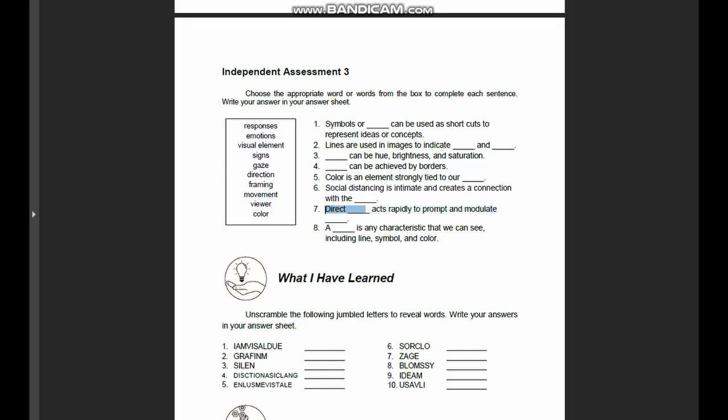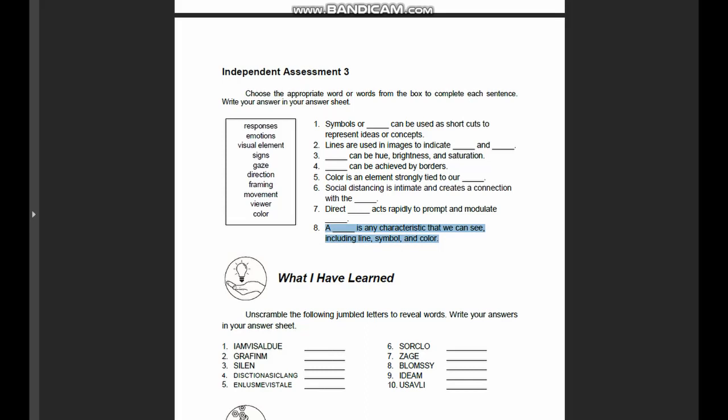The direct blank acts rapidly to prompt and modulate blank. Number 8. A blank is any characteristic that we can see, including line, symbol, and color.